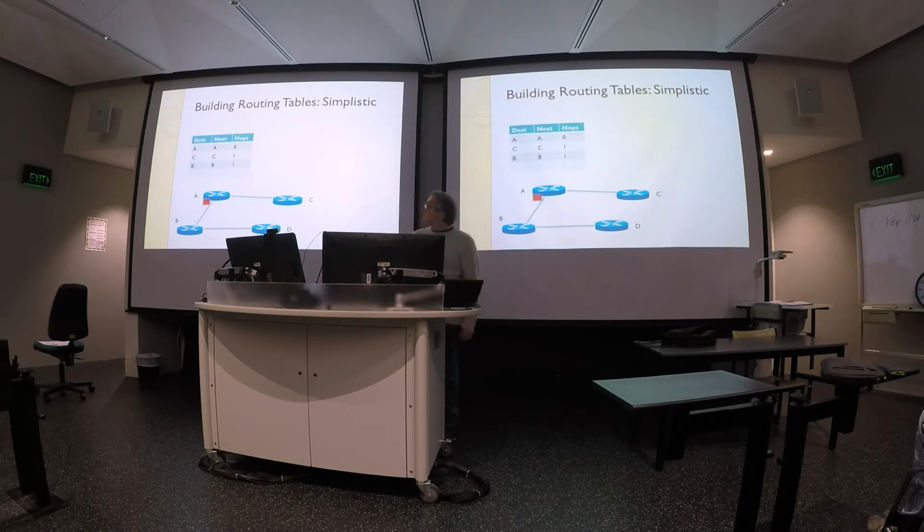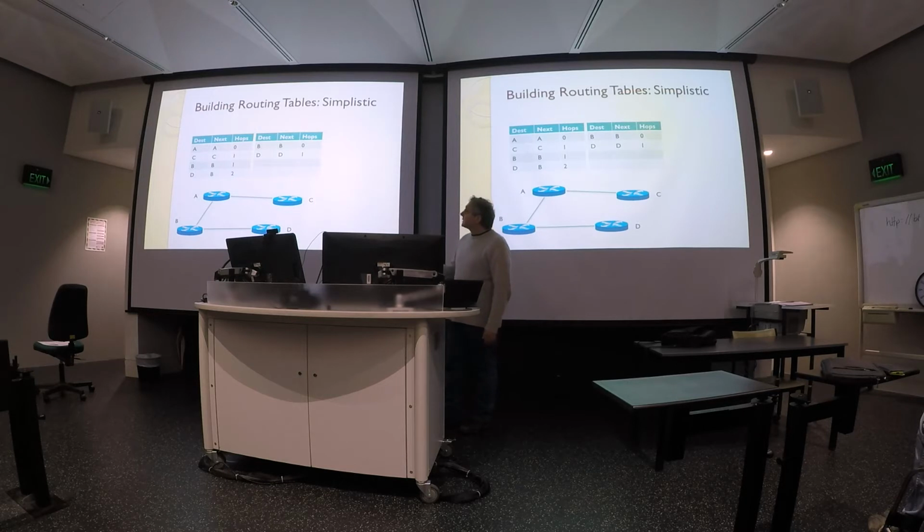It arrives at A, and it says B knows how to get to D as well as B, and A says, oh, hey, I haven't seen D before, so it adds it to the table, and of course that cost plus 1, because we're counting in hops, gives us 2. So we've actually built a table.